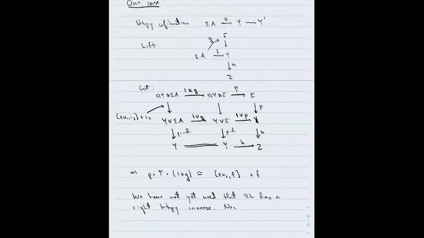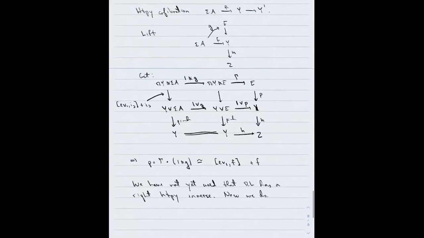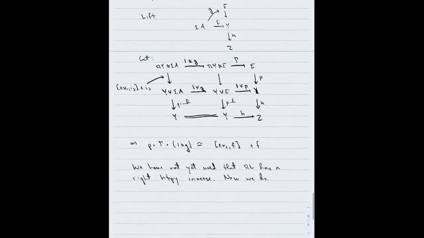So now we do. All right, so this map gamma, just for generic reasons, has something to do with Whitehead products. Okay, and now we'll adjust it by assuming that loop H has a right homotopy inverse.